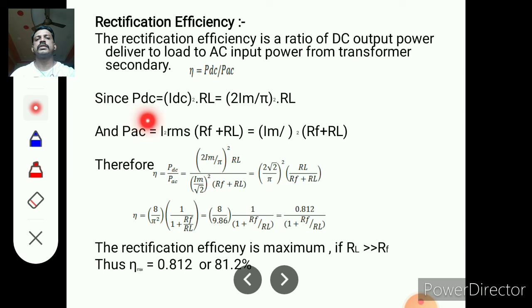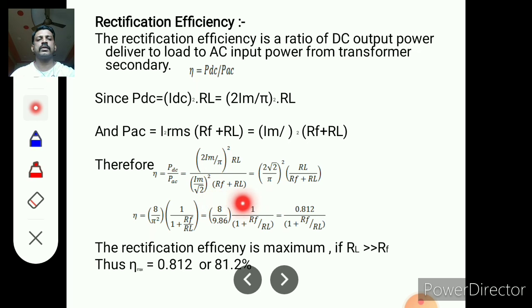Since PDC equals IDC into RL, therefore 2 Im upon pi whole square into RL, and PAC equals I square RMS into RF plus RL, that is Im upon root 2 whole square into RF plus RL. Therefore, eta equals PDC upon PAC equals 2 Im upon pi whole square into RL upon Im upon root 2 whole square into RF plus RL.